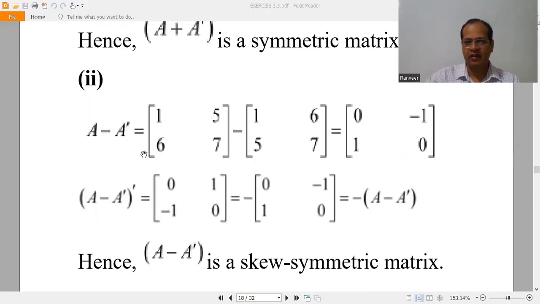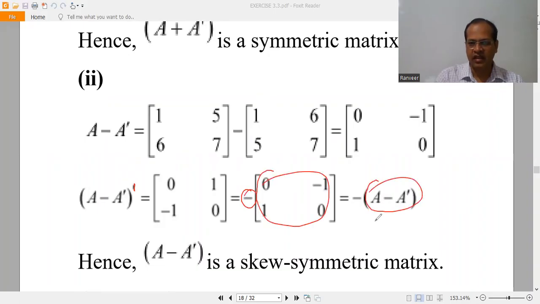So A minus A transpose we find as [0, minus 1; 1, 0]. The transpose of A minus A transpose gives the negative sign of this value, equal to minus of A minus A transpose, and this is called a skew symmetric matrix.